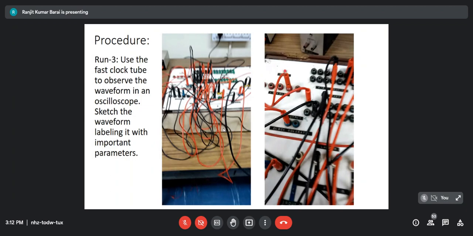But here, as the clock will operate very fast, the light in the LEDs will also change fast, and it will not be possible to observe the changes in the bit pattern by looking at the light emitted by the LEDs. All the bits will just appear glowing in nature.